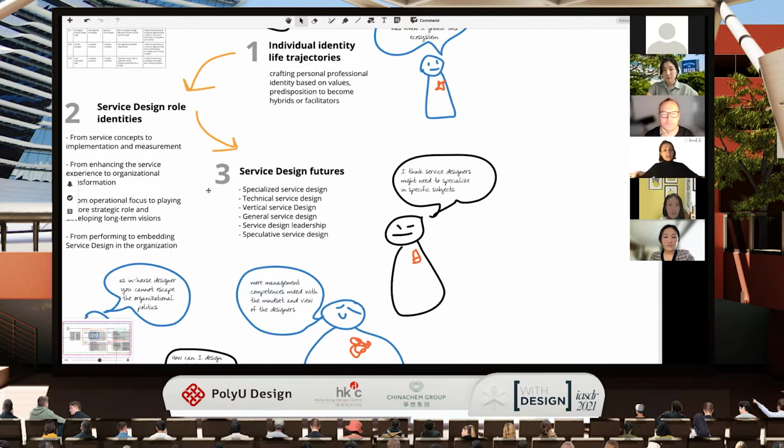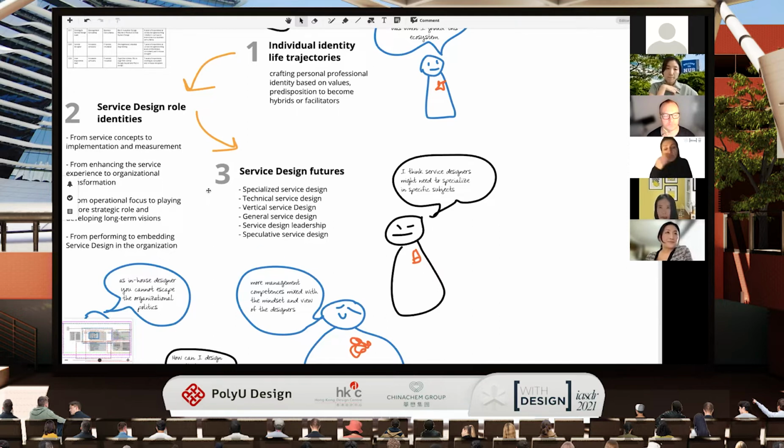So there is the generalist service designer, which is the most common, but some will say, why don't we have a more vertical one? While the technical suggests that because we are experiencing needs for specific challenges or topics that service design is dealing with, like artificial intelligence being a big topic in this conference, we need technical service designers that are experts in new technologies, or in ethical and critical design, or in speculative practice. So they need to specialize, is another perspective.